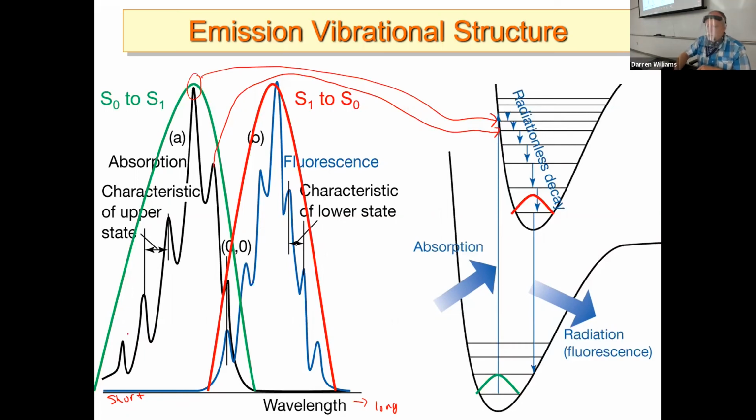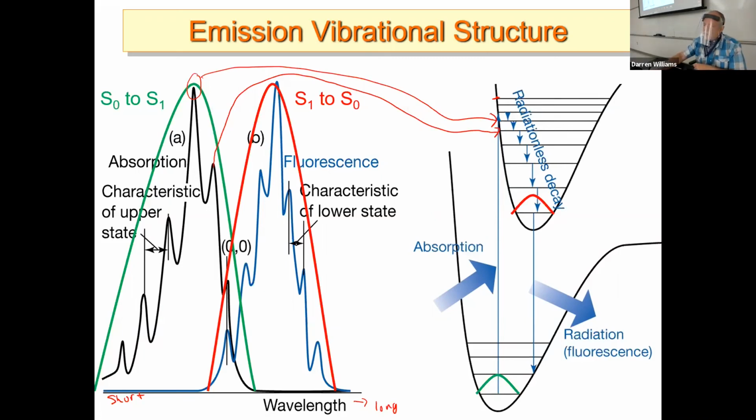The longer arrows, so this will be the longest arrow transition, that would be this one up here. Does everybody see that? The absorption spectrum is at the short wavelength side. This is a really important piece. The absorption spectrum is on the short wavelength side, and the emission spectrum is on the long wavelength side.